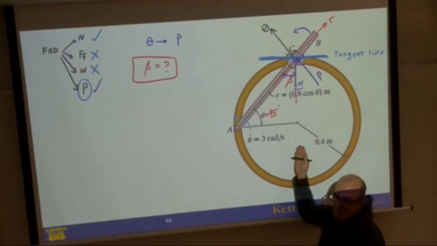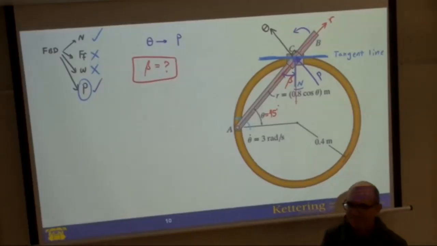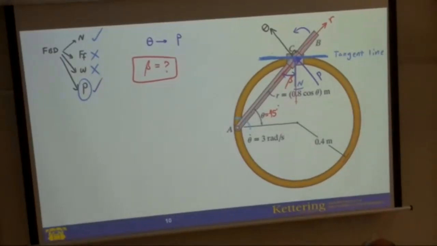No, wait, sorry. It makes a right triangle. Now, if you look at this triangle, this angle is 45, this one is 90. We can find beta is 45.